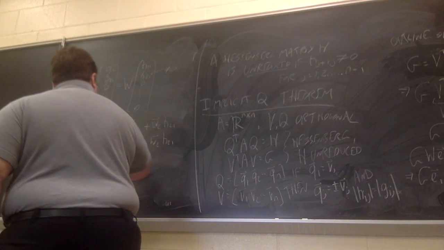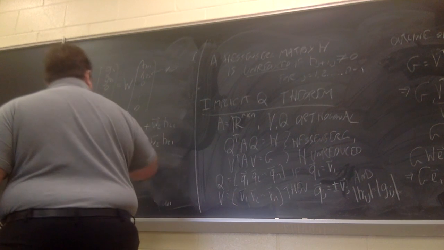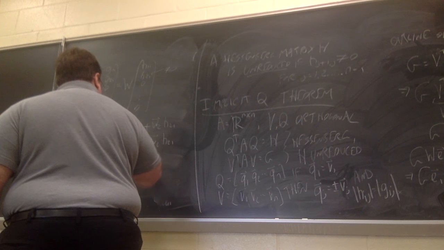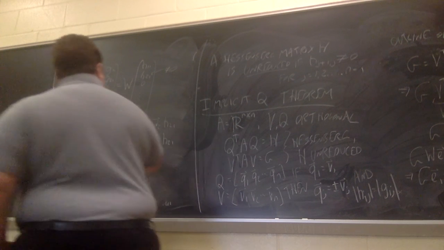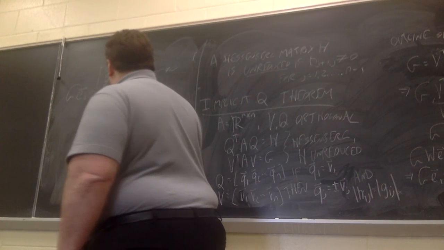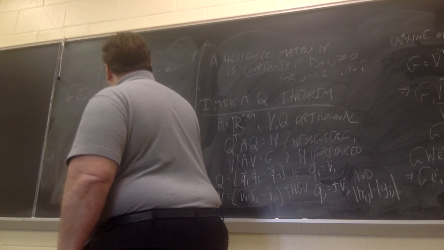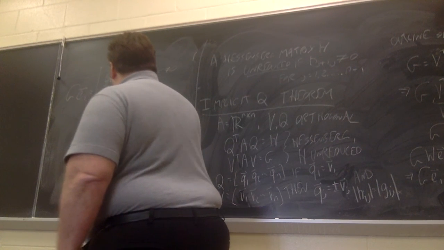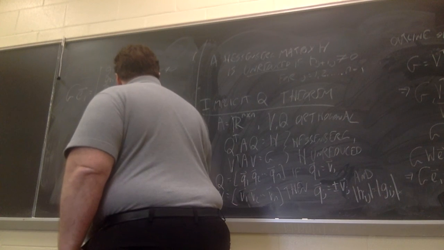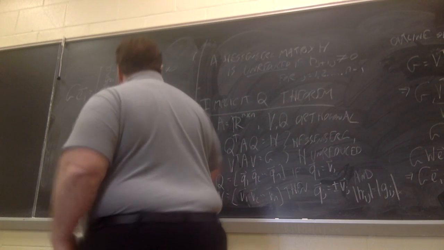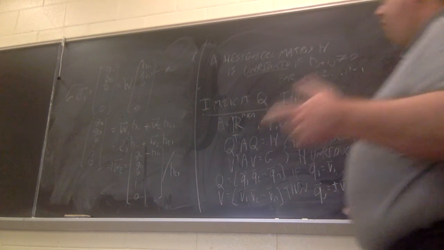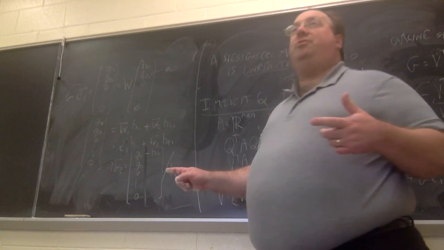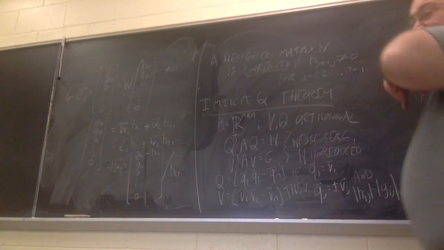So W2 is equal to this column here minus this, so minus H11, and then I have nothing else to subtract off, all divided by H21. And I know I can do that because H is unreduced, and therefore H21 is non-zero. So that assumption is essential.